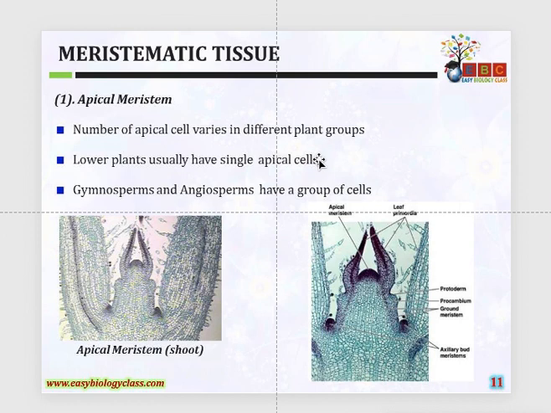You notice that the apical cell is only one. But in gymnosperms and angiosperms, what are these? Gymnosperm is actually the tree family. Angiosperms are actually the family of flowers. So in these plant trees and flowers, the apical meristem will have more cells.